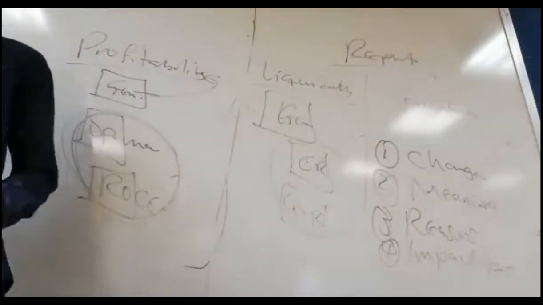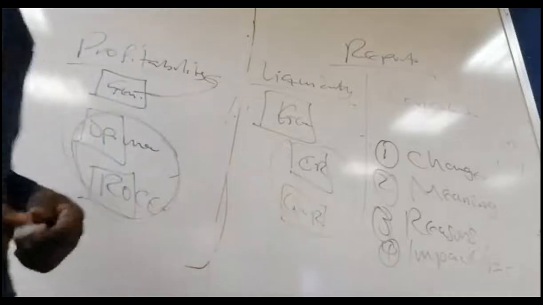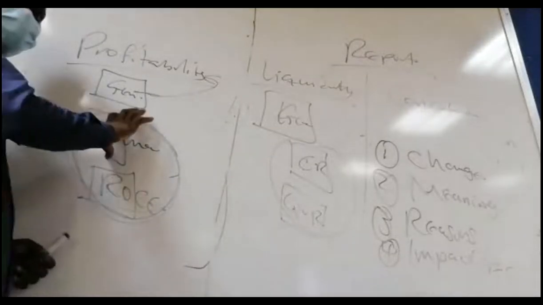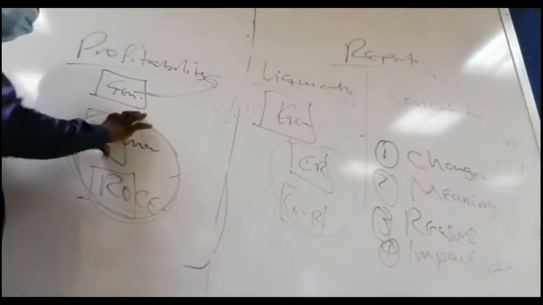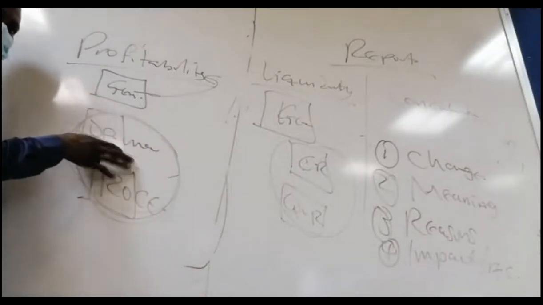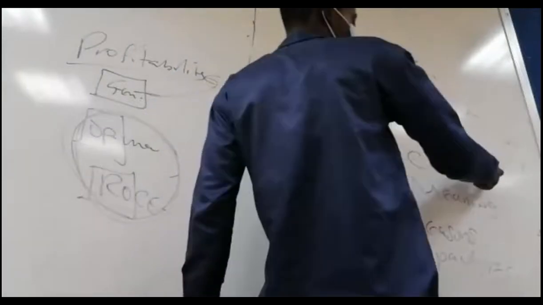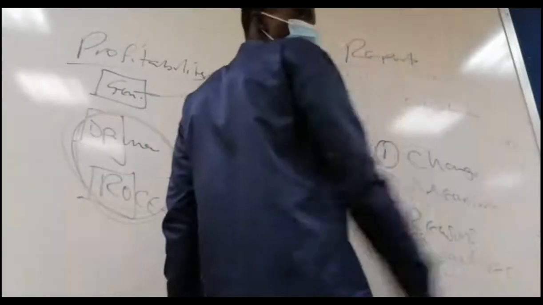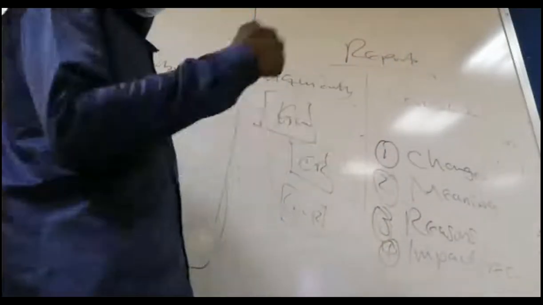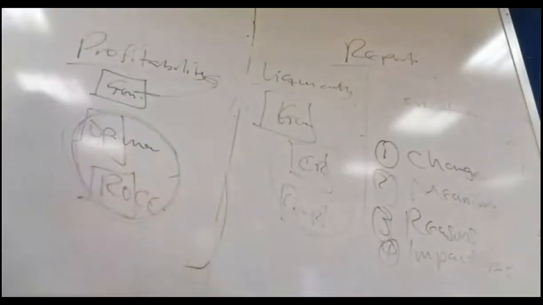So if you pick each of the ratios, that's what I'm going to say about it. That's the main paragraph over here. So you pick operating profit margin, say in terms of operating profit margin, it has increased over the period, which represents a good performance. This is as a result of what? Efficient control of operating costs, reducing the operating costs over the period.